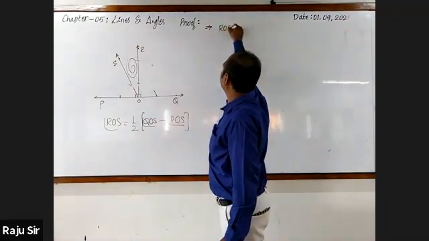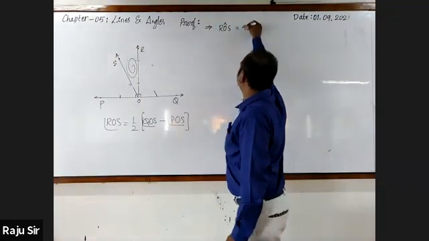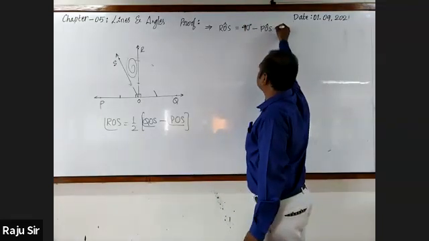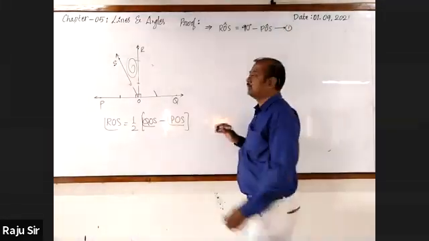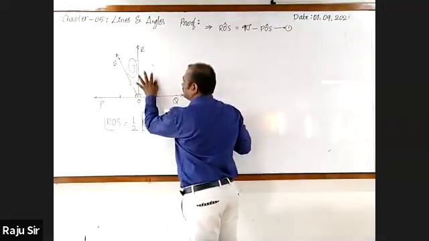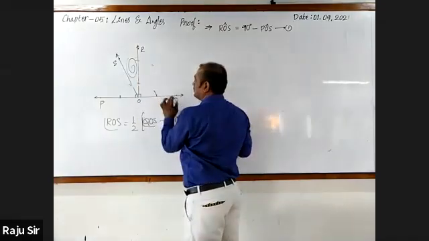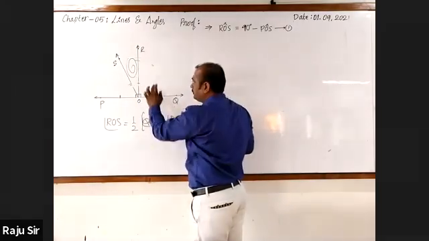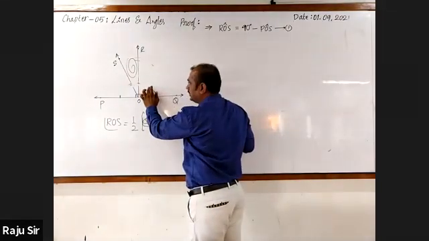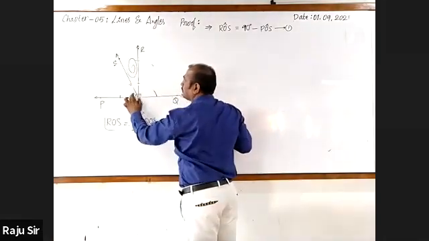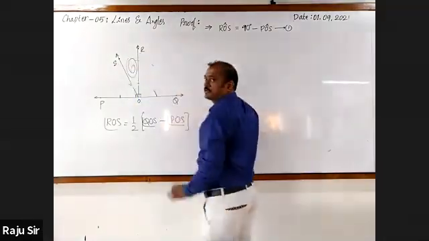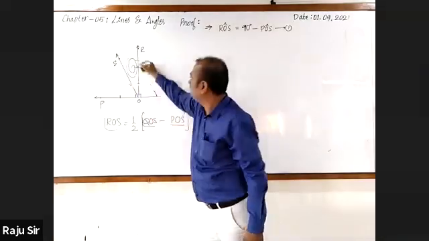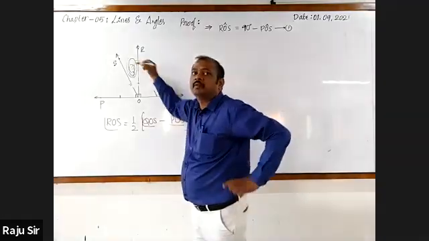Angle ROS is equal to 90 degrees minus angle POS. Call it statement 1. Next, ROS. Here, ROS plus POR. Understood? POR is nothing but 90 degrees. So, ROS can be written as QOS minus 90 degrees. ROS is enough. Following or not?